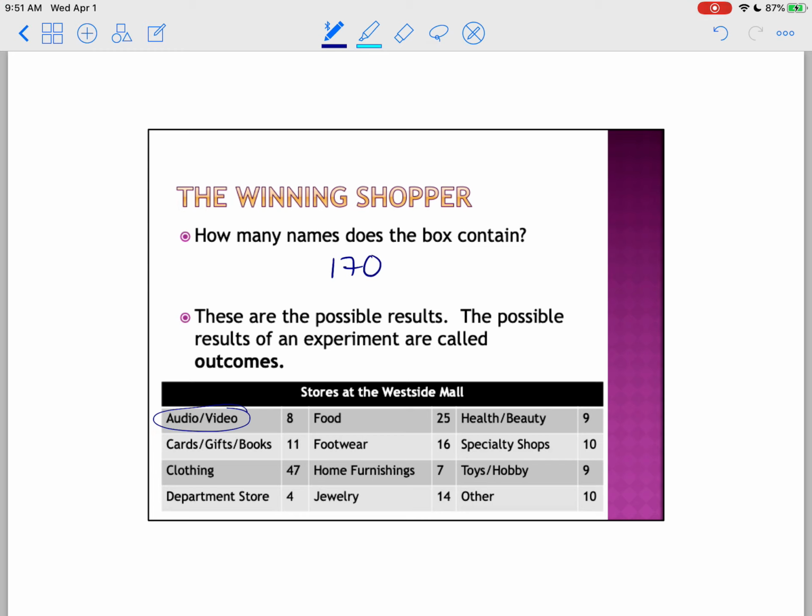And the person who wins could pick any name from any of these stores. Okay. Just double checking that I have the right numbers typed in. It looks like it, 170. So these are called the outcomes.